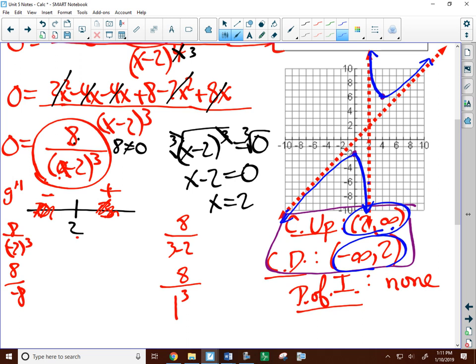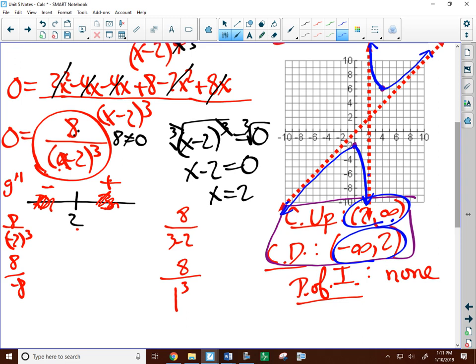Let me say the last thing, which is range, and then I'll see what questions we have. The range is all the y values that our function has. So it takes on all y values down here, up to -2. So from negative infinity, it has all the y values up until -2.